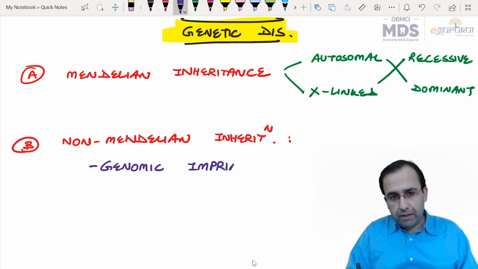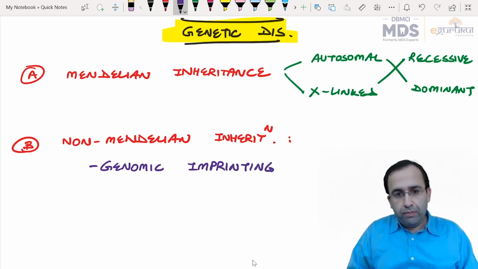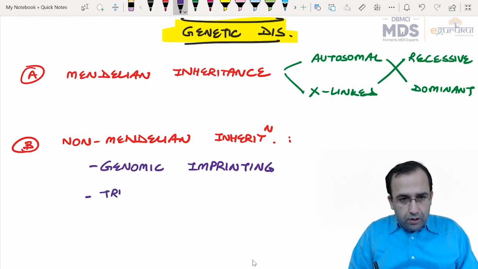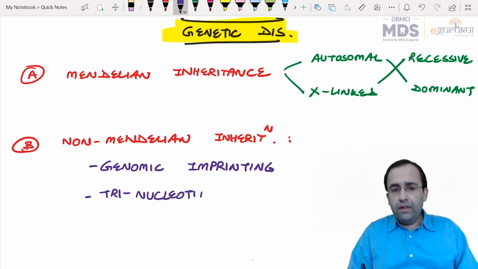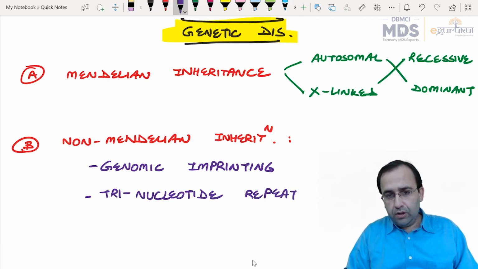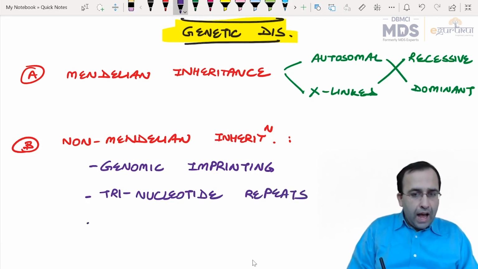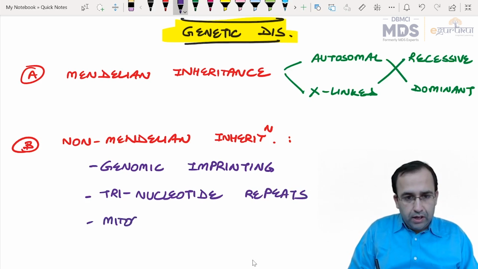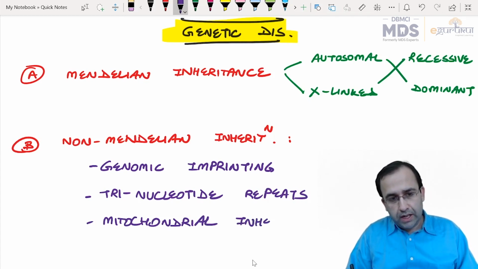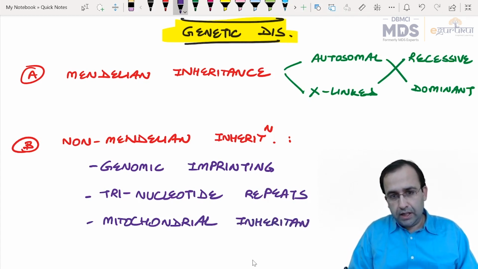That is genomic imprinting, trinucleotide repeats, and mitochondrial inheritance.